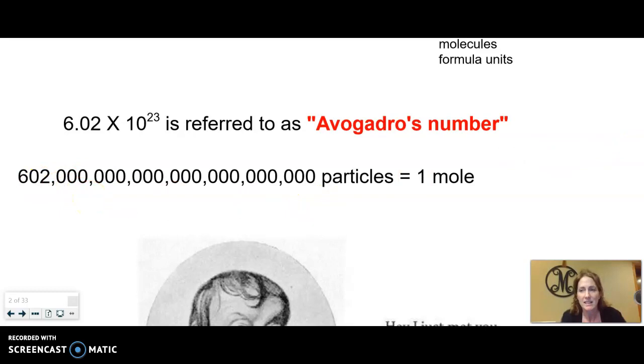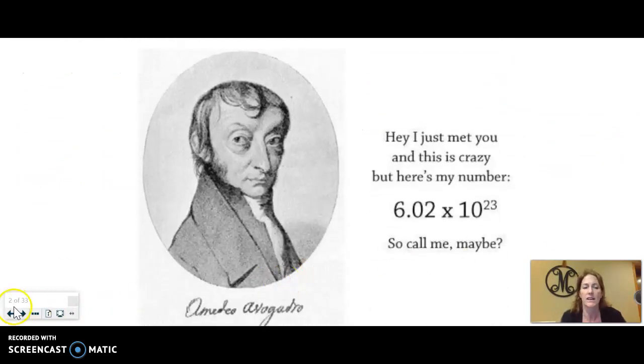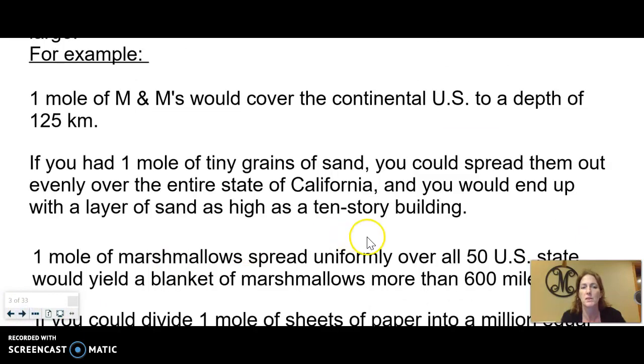To give you an idea of exactly how big this number is, I've got a few examples for you here. M&Ms: if you had 1 mole of M&Ms, they would cover the continental U.S. to a depth of approximately 125 kilometers.